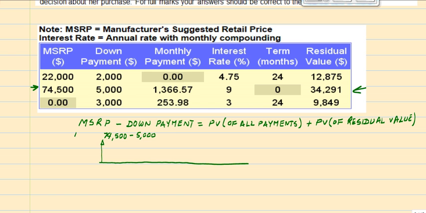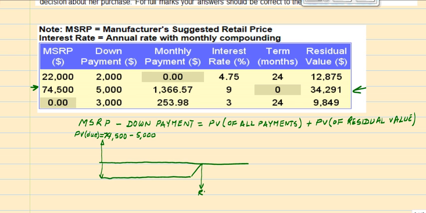That's present value due. And then we're going to have a first payment right at time 0, and we have an unknown number of payments. At the end of the payment interval, we also have to pay the residual value.